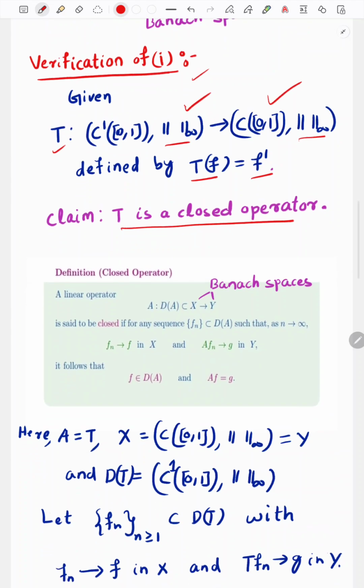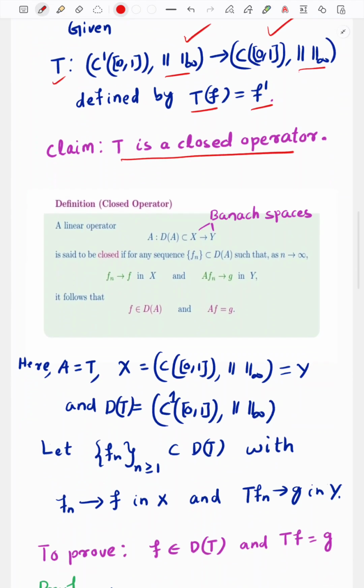But before going to prove the closed operator, first of all we have to know the definition of a closed operator. If X and Y are Banach spaces and D(A) is a subset of X, D(A) meaning the domain of A, because we do not know whether the whole X will be its domain.